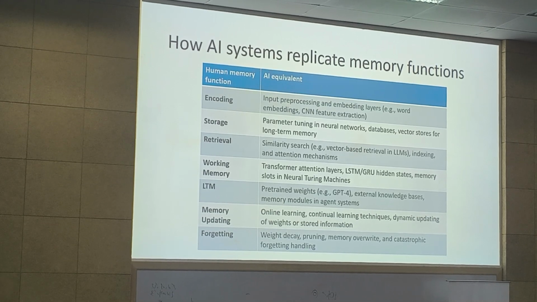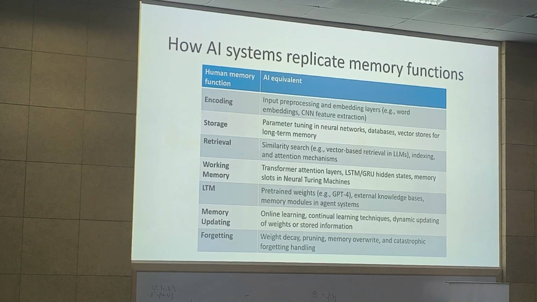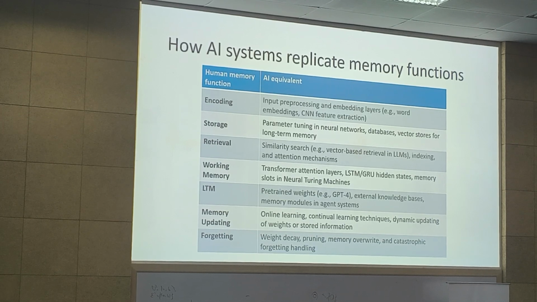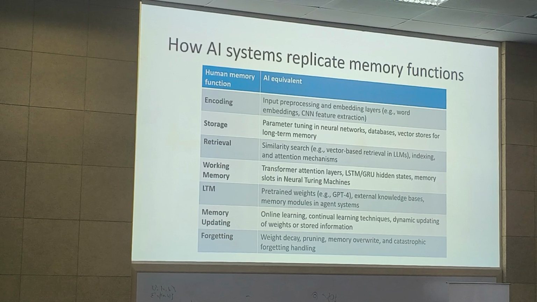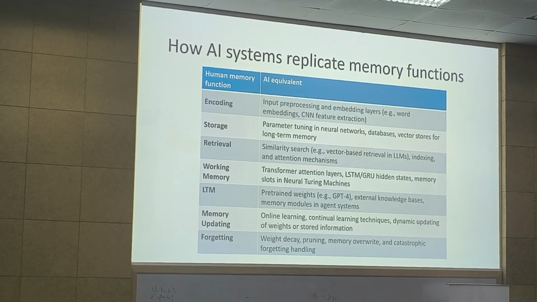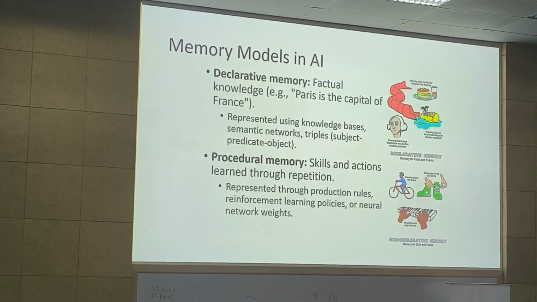So you have things like encoding, storage, retrieval, so all the things that we have covered from the human perspective, you can also do the same for developing or creating AI models or AI applications. Okay, so it doesn't necessarily have to be just one same system, but it's basically just what would be the equal component between these two.